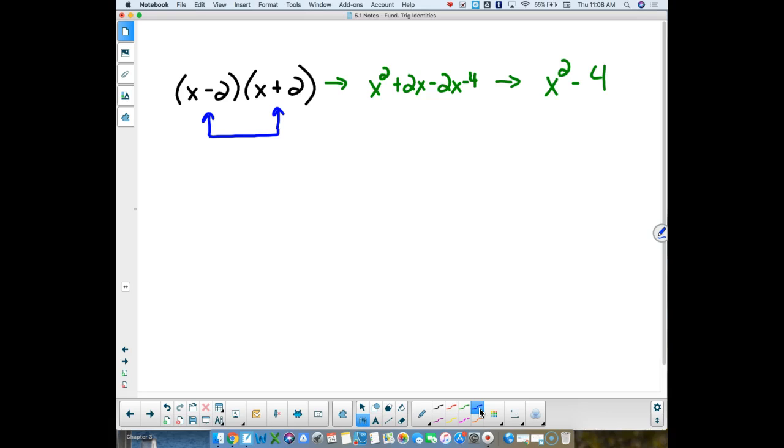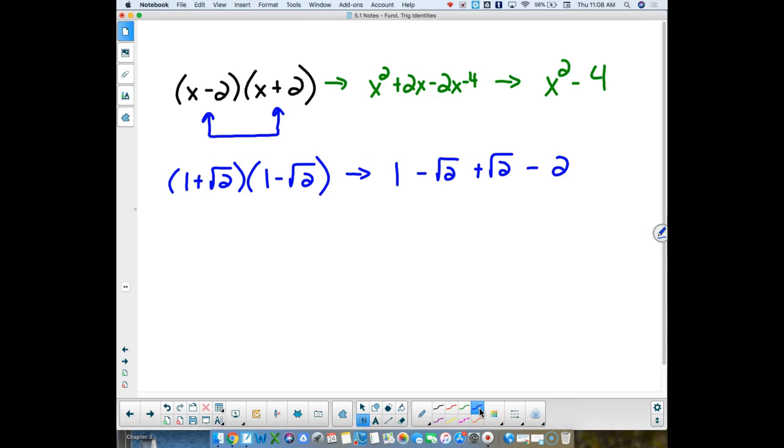What about if I had 1 plus the square root of 2 and 1 minus the square root of 2, and I multiplied those two together? I'd get 1 minus the square root of 2 plus the square root of 2 minus the square root of 4, which is 2. And so this is really just negative 1.